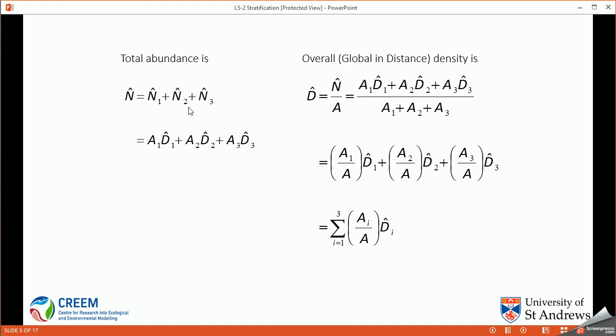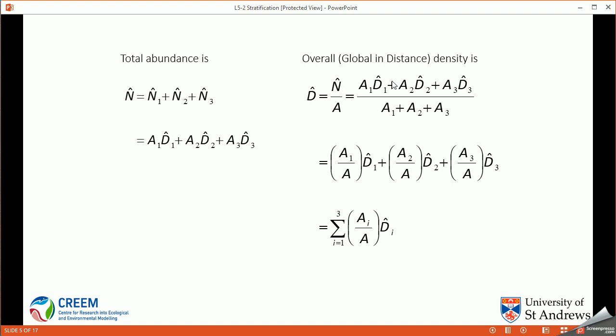And what about the density? Well, the total density is just the total abundance divided by the total area. Now we can write the total abundance as this thing over here, so that's on the top, and the total area we can write as the sum of the individual areas.